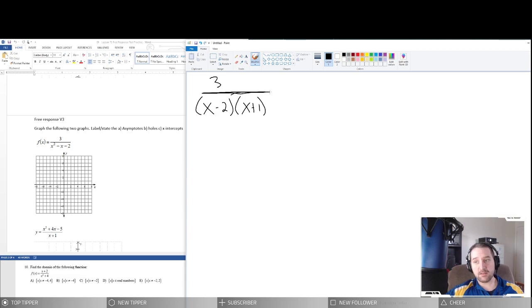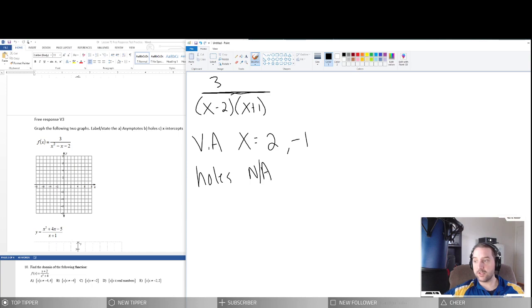It doesn't look like anything cancels, so there are no points of discontinuity. There are no holes. I do have vertical asymptotes, and those are at 2 and -1. Holes would be not applicable.